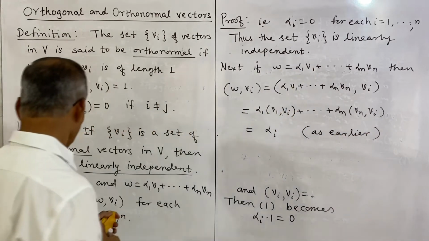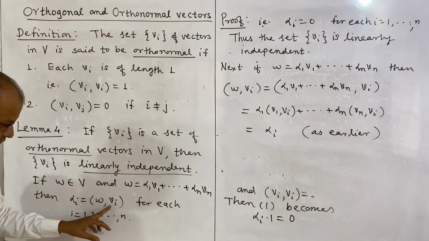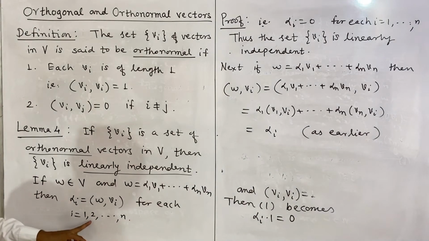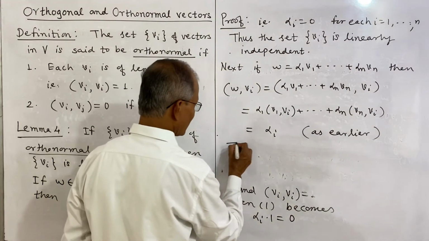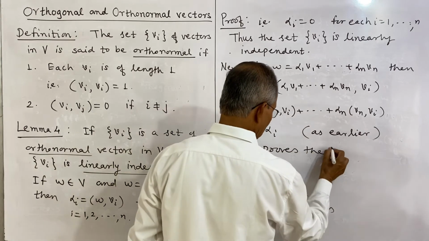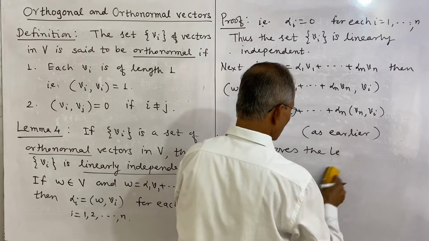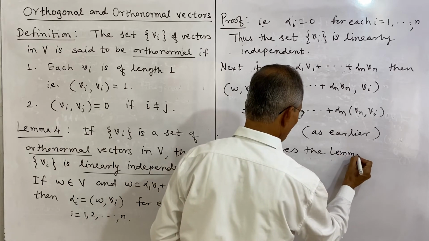And thus we have alpha i is equal to the inner product of w with vi for each i taking value 1 to n, and this proves the lemma. So this proves lemma number 4.